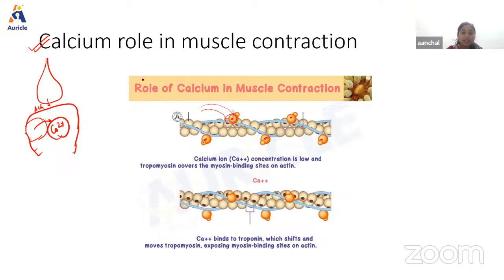So normally the head of myosin, suppose this is the actin. Here we have the actin, right? And the tropomyosin is present here. Normally the head of the myosin molecule has a strong tendency to bind to the active site of actin.